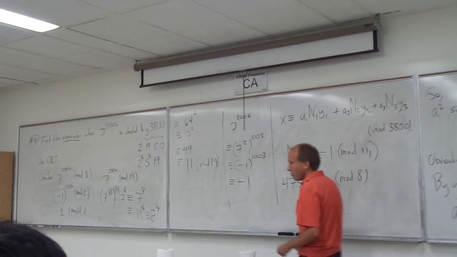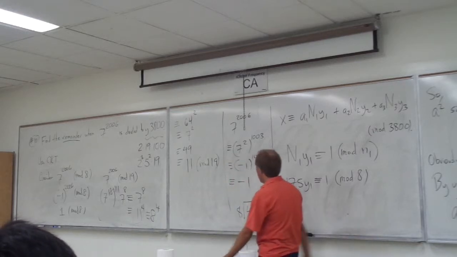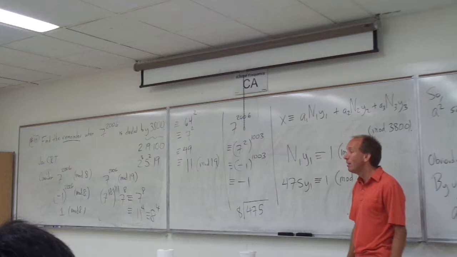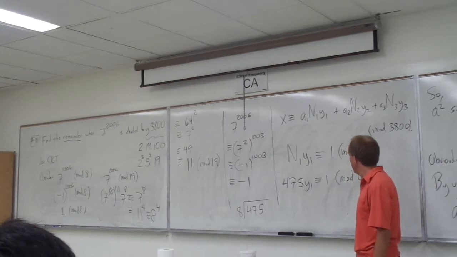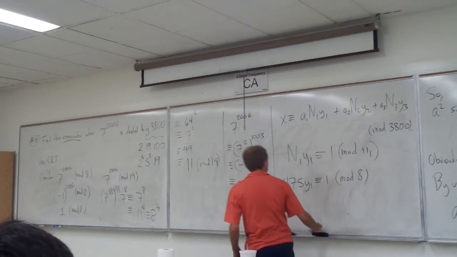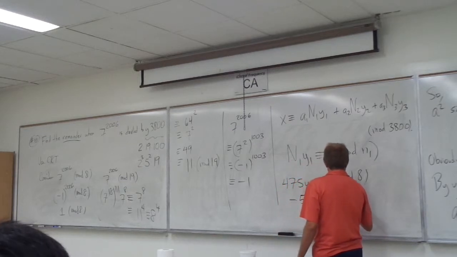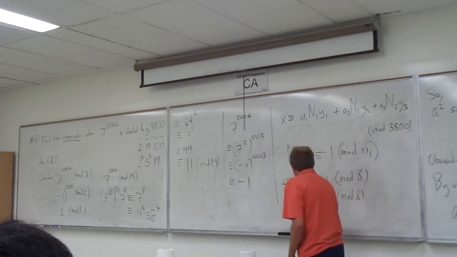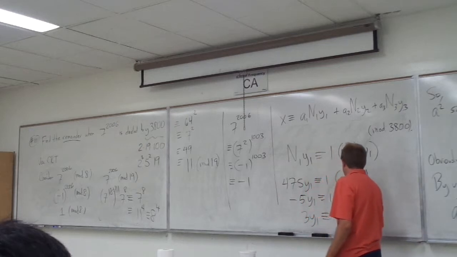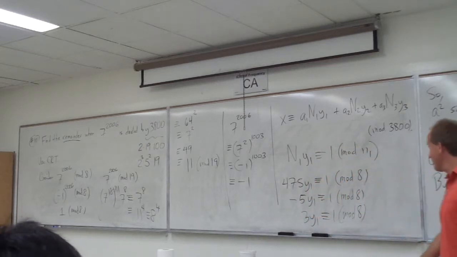Unfortunately, I'm not as good with division, so I'll write this down. You know, 480 is 8 times 60, and I'm 5 less than that, so it would be negative 5. And that's the same as positive 3, y congruent to 1 mod 8.